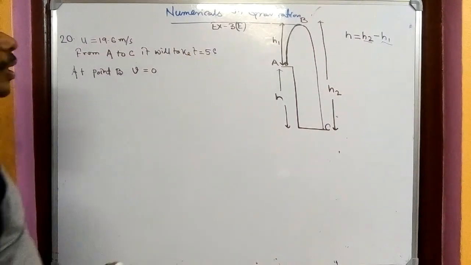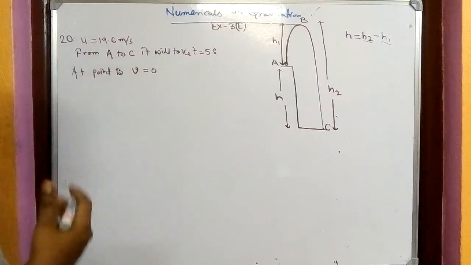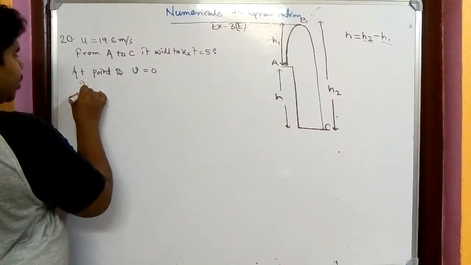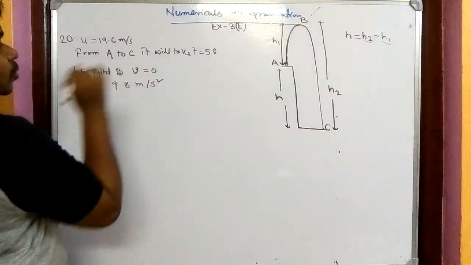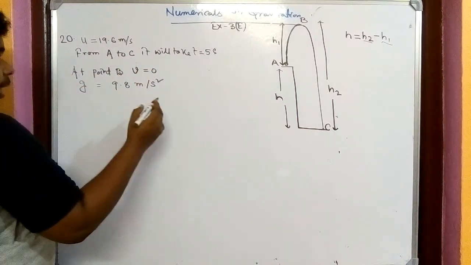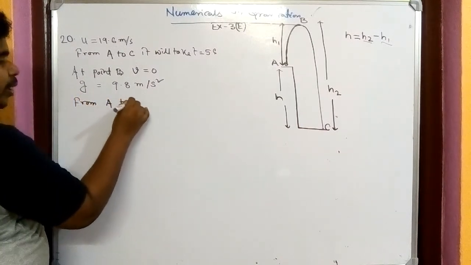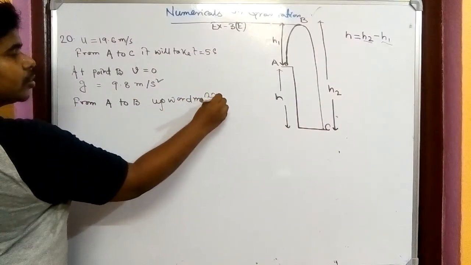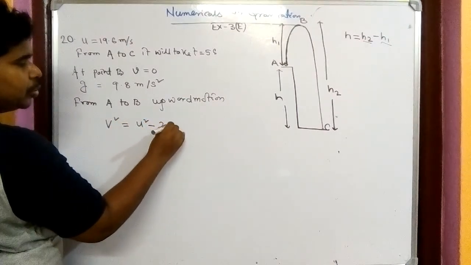So first I am going to find h1. At point B, my velocity should be 0. That is the final velocity. Initial velocity is already given, it is 19.6. Now, what is the value of g? If you see the book, the value of g is 9.8 meter per second square. Now, as it is an upward motion from A to B, which equation do we have to use? v square equals u square minus 2gh.